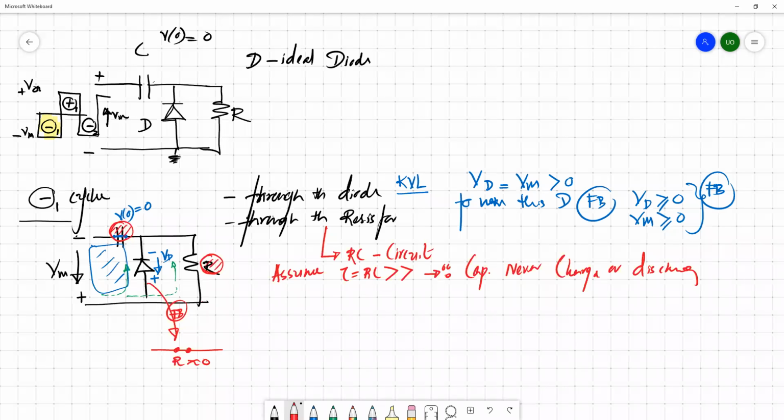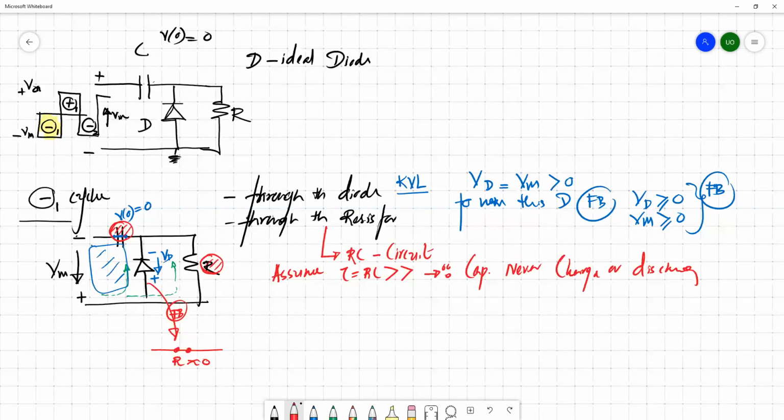If you apply a voltage across the input terminal, due to this high time constant value, this capacitor never charges. Keep in mind, if you connect this capacitor across this resistor, it never charges or discharges. Why?